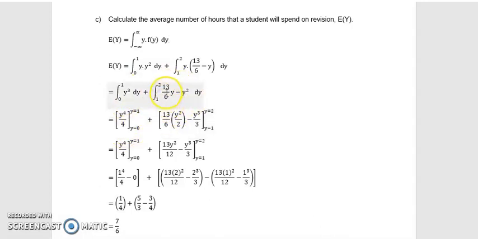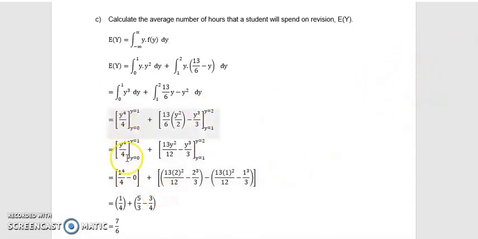And 13 over 6 y, we get 13 over 6 multiplied by y squared over 2. Minus y squared, which integrates to y to the power of 3 over 3.